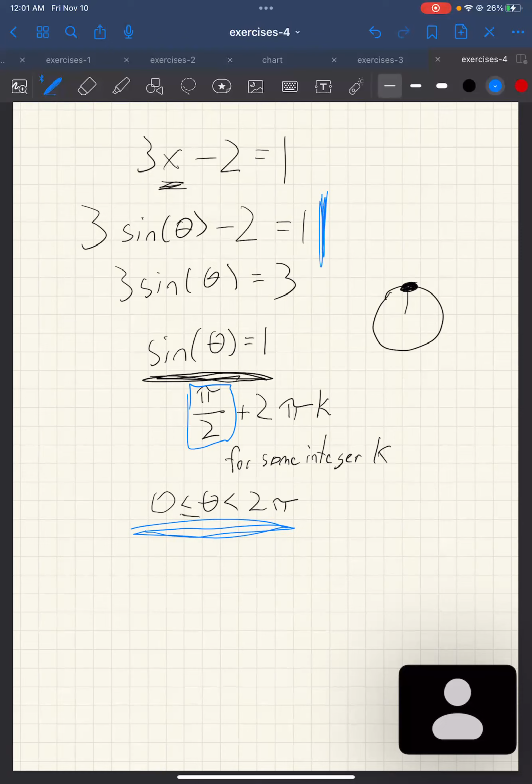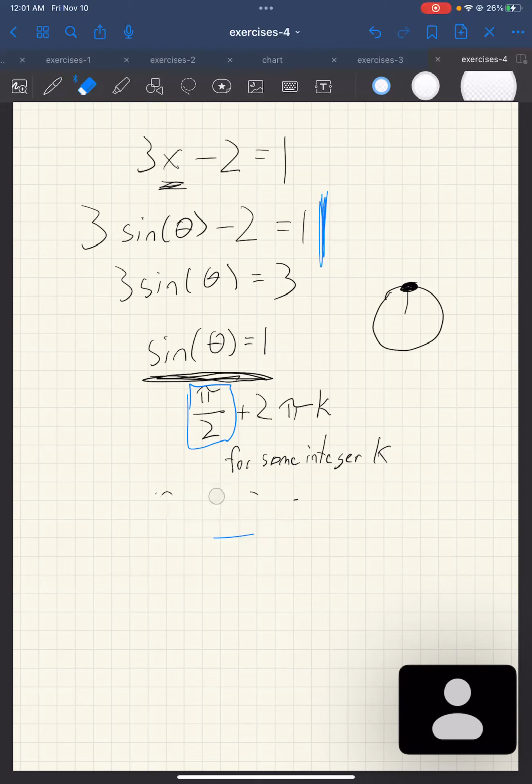Now, what if things looked a little bit different? So this gave us one specific answer, but in general, that may not be the case.